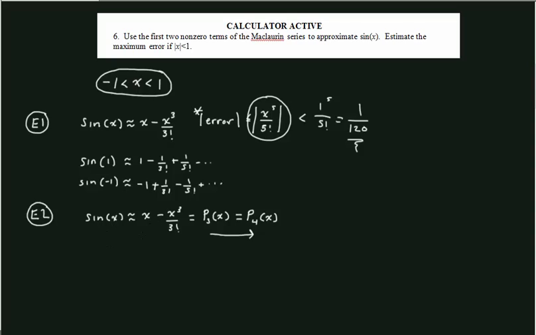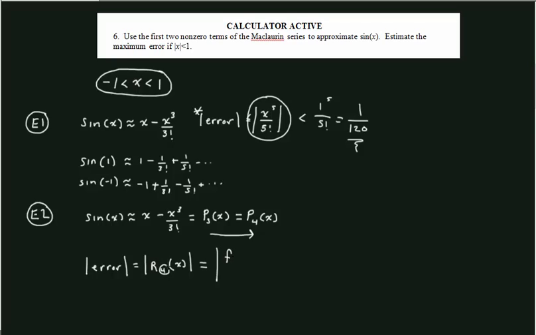Notice that this is centered at 0. So Lagrange says the error, which is equal to the remainder following the fourth degree polynomial or fourth order polynomial, so R4 of x, is actually equal to the fifth derivative.